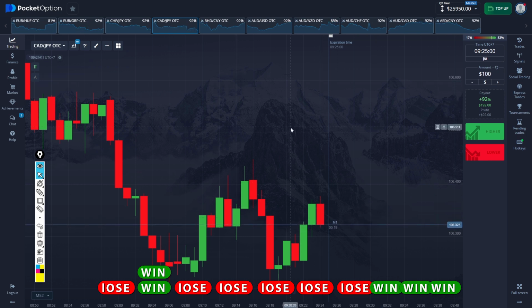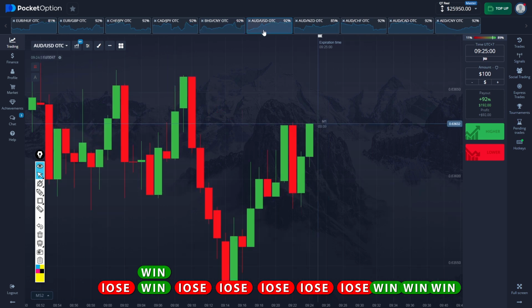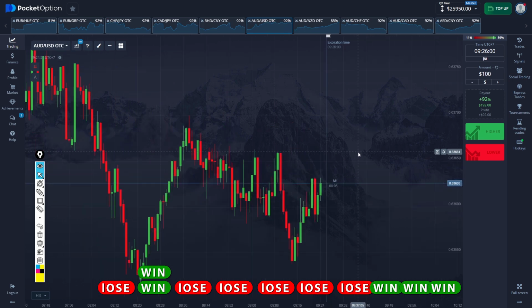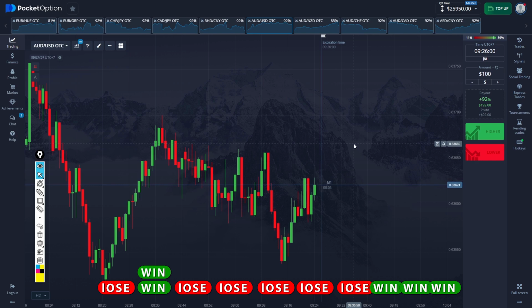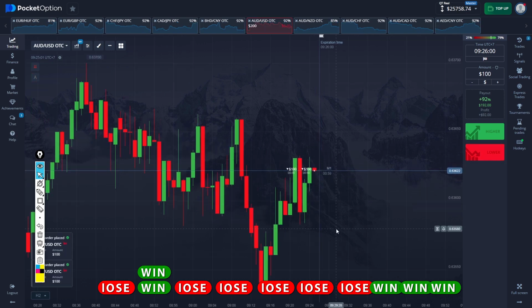Now we put. But this is a late retest. I put two more.